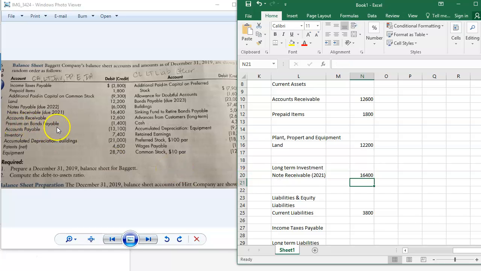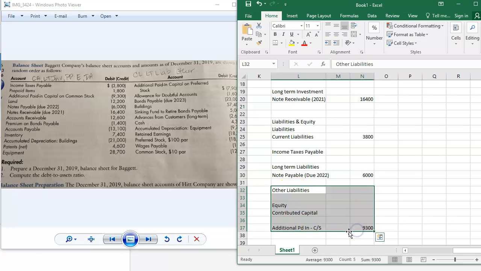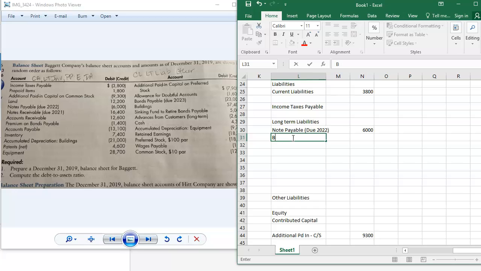A premium on bonds payable, that goes with bonds. Bonds are long-term liabilities. This down some. All right, so I'm going to have a bond payable. And I'm going to have, actually it's going to be plus the premium.